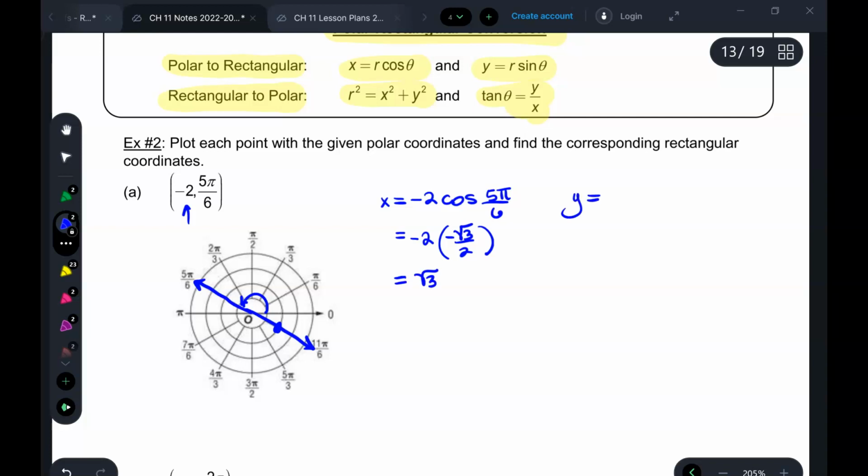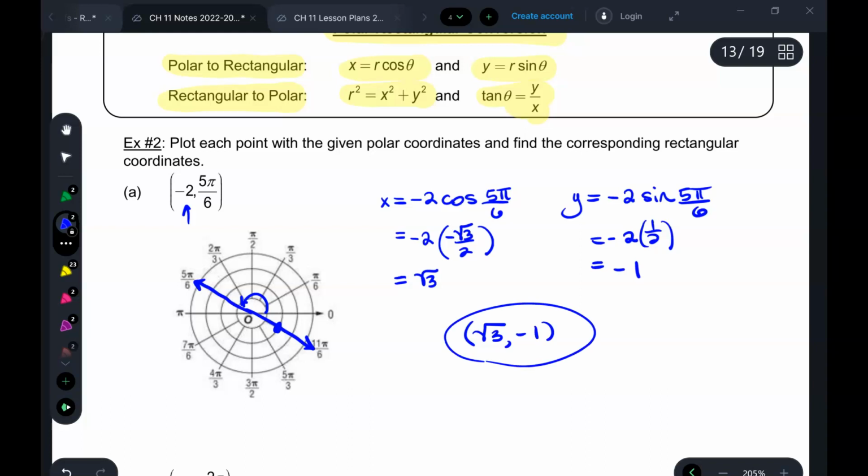And for our y coordinate, that's r sine theta, so negative 2 times sine of 5 pi over 6, which is a half. So we get negative 1. Our ordered pair is root 3, comma negative 1. It's also helpful to check: does this point look like root 3, negative 1? Yes, and we can also confirm we're in the correct quadrant, quadrant 4.